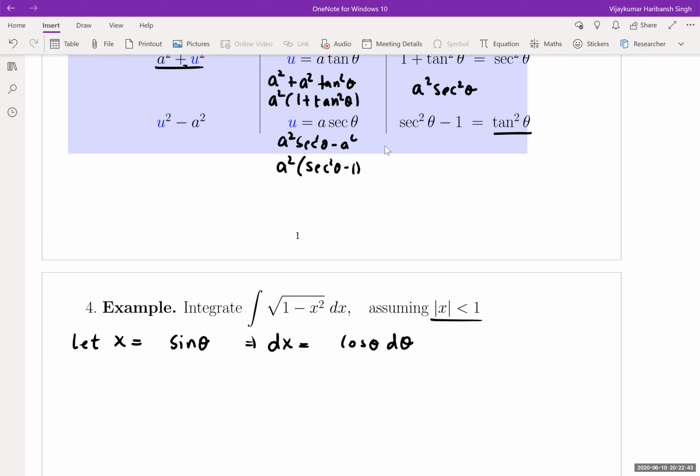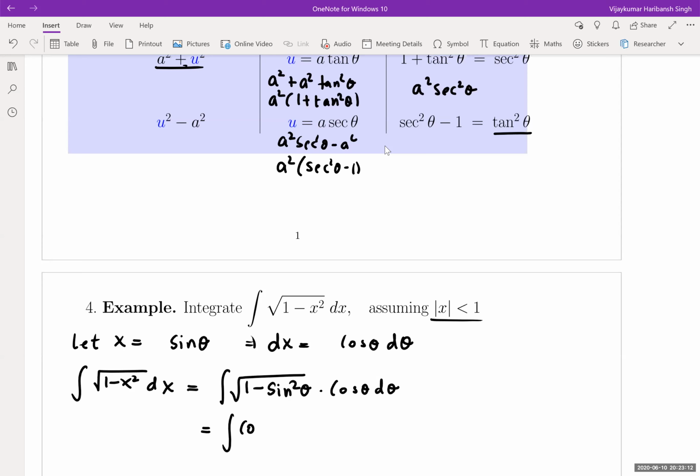Now let's see what happens to our integral. So integral square root of 1 minus x square dx converts to square root of 1 minus sine square theta, and instead of dx I'll write cos theta d theta. So we'll get integration of 1 minus sine square theta is cos square theta, square root of cos square theta is cos theta.